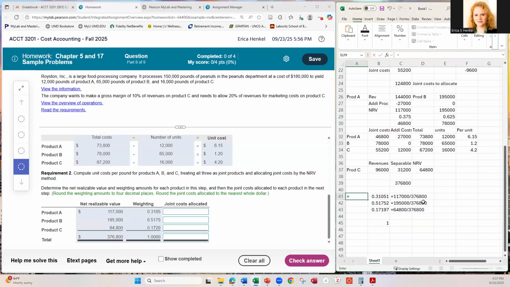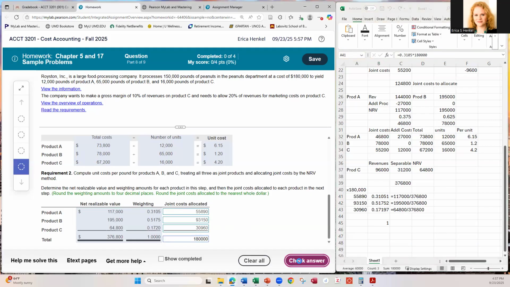Okay, so equals 0.3105 times 180,000. Just taking each of those times 180,000, right? Total ends up being 180,000. All right, we're in good shape.